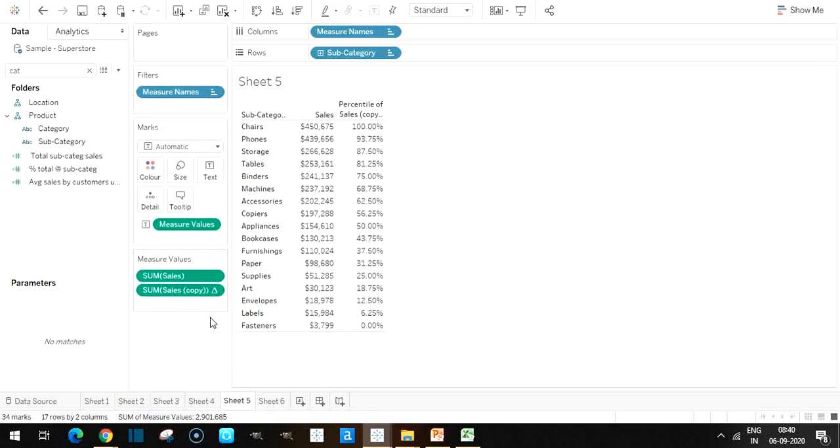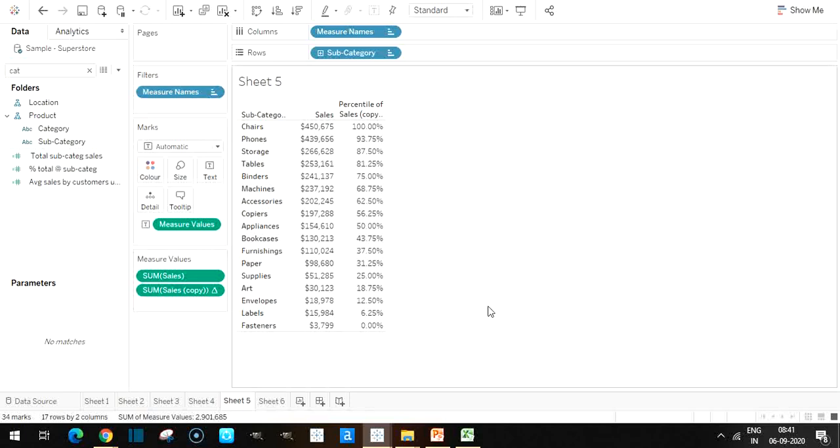So if you're looking at someone's dashboard, or you have downloaded some workbook from the internet and you are exploring it, you may see this kind of thing. And when you see this, it helps you identify whether the user has done this calculation on their own, or is taking some table calculations. So this is one way of representing a table calculation.